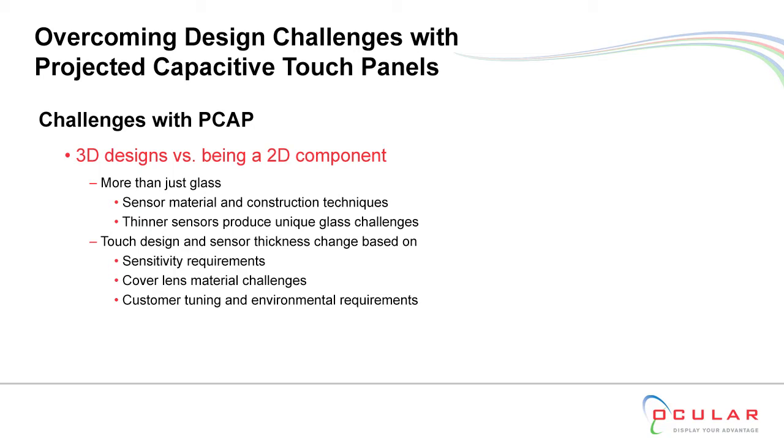We also have to remember that a projective capacitive touch panel is not a 2D device. It is actually a three-dimensional device, both electrically and physically. Our panel has thickness, and the thickness varies based upon the application, based upon sensitivity, based upon lens cover material, based upon the end application. Gloved application, stylus application.